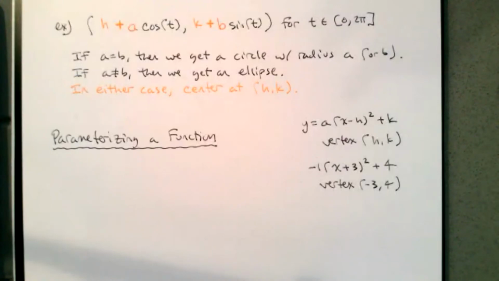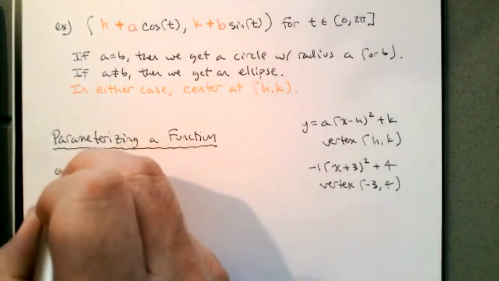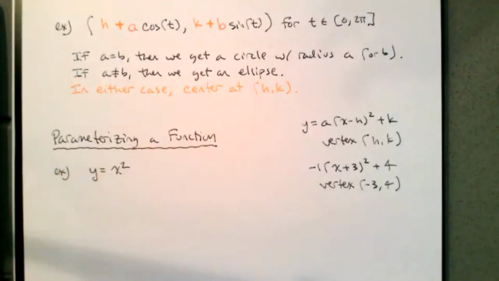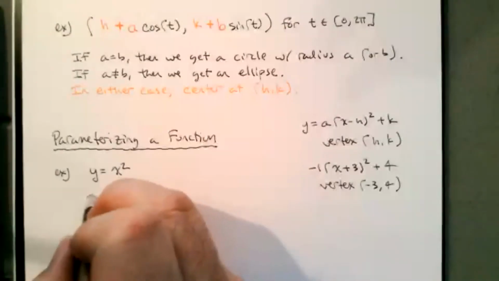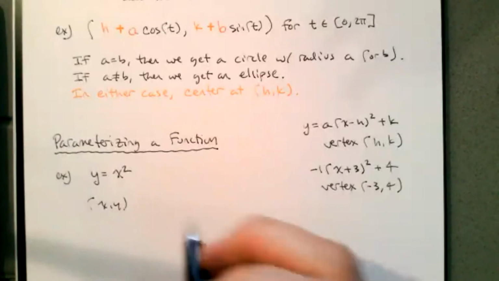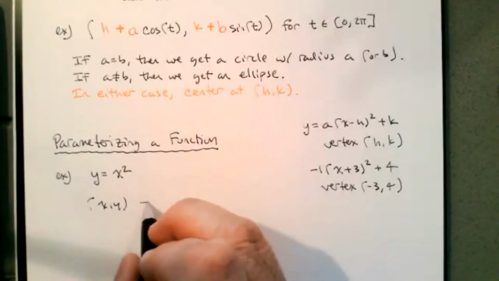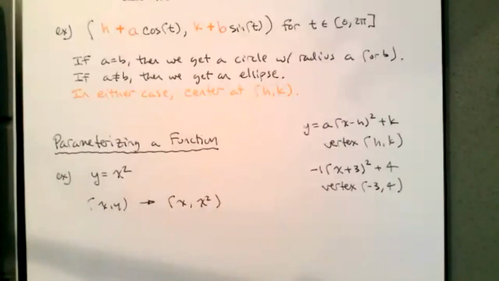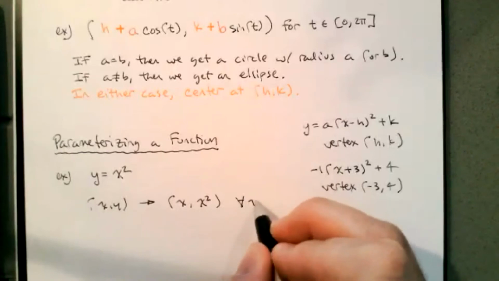So we can parameterize a function. For example, let's suppose that y is equal to x squared. We're going to write coordinates x, y, but y is equal to x squared. So I can write this as x, x squared, and then just say for all x.